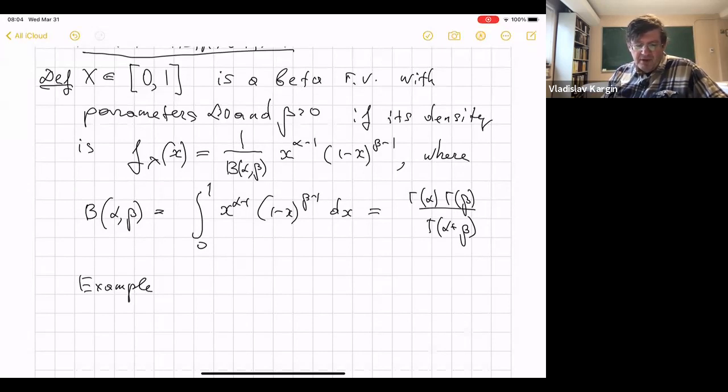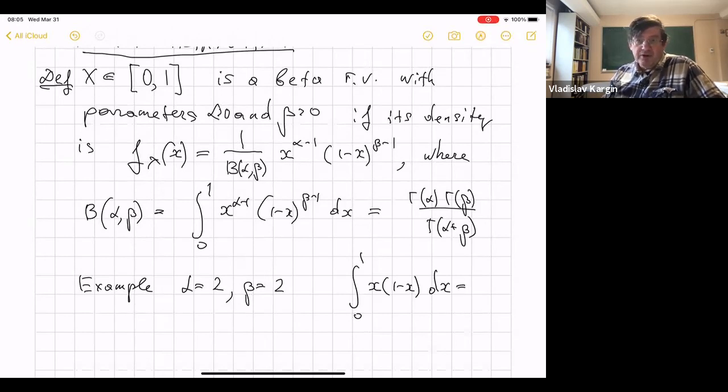So for example, if alpha is equal to 2 and beta is equal to 2, in this case you will have an integral from 0 to 1 of x times 1 minus x dx, since alpha minus 1 is 1 and beta minus 1 is 1. It's clear that we can calculate it directly, but it's also possible to use this formula.